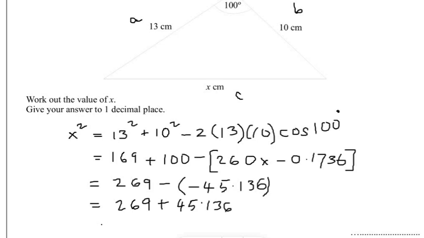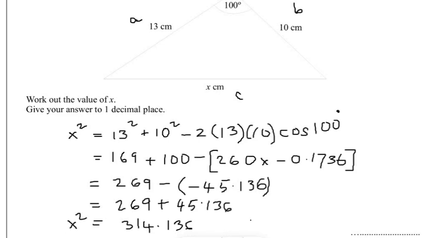And so the next step is when you add these two, 269 plus 45.136, you get 314.136. So this is our x squared.